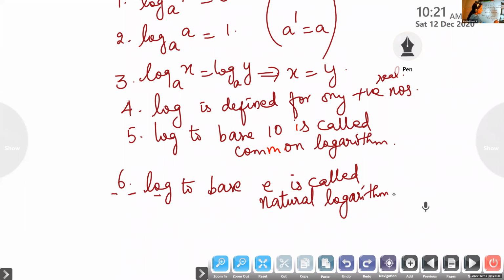What is e? We have learned this in functions. e is an irrational number whose value lies between 2 and 3.